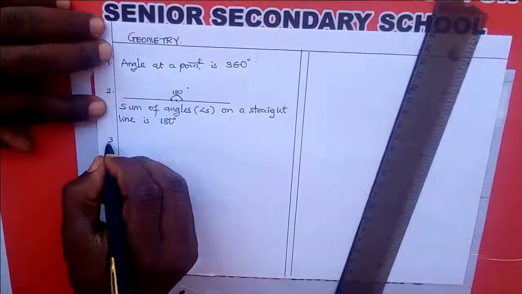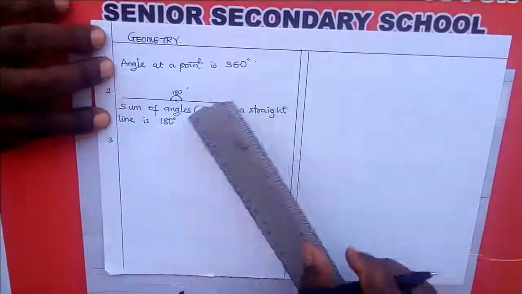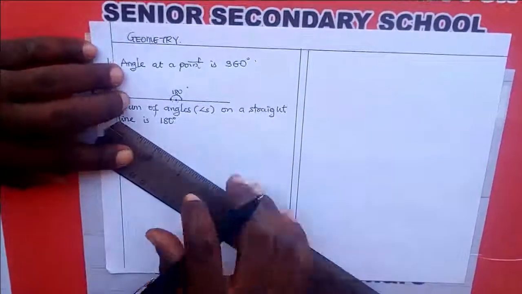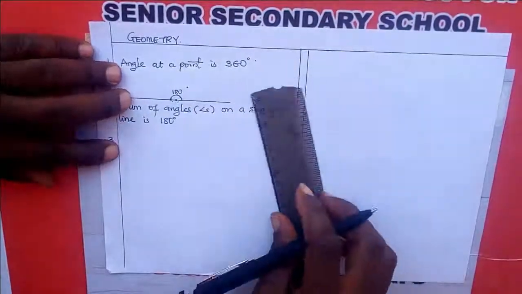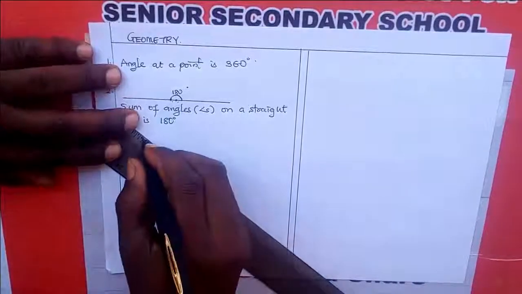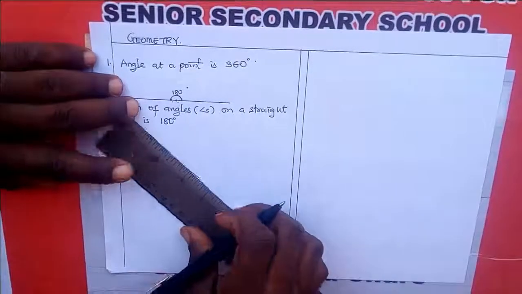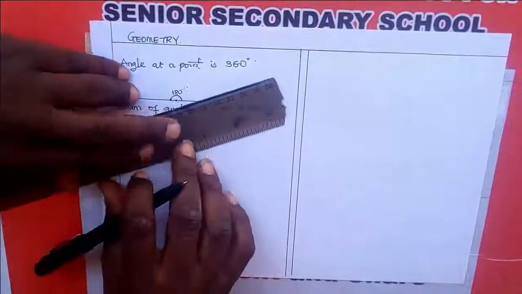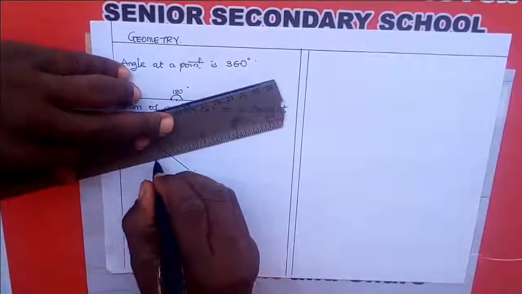Number 3, when you have two lines crossing each other, I have a line like this, I have a line like this.